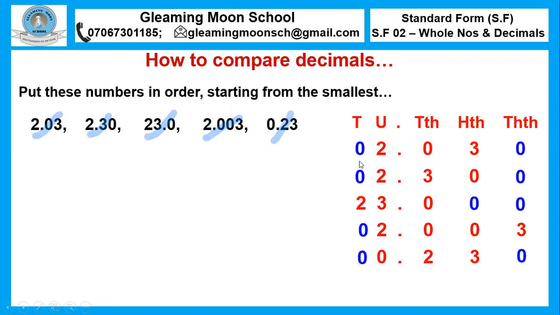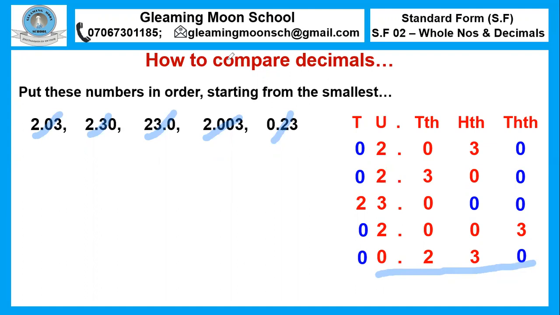So we finished with tens. No other number has any digit for tens. It's only this one. Now coming to units, we have 2 units, 2 units, and 2 units. This is 0 units. So that means this number here is less than 1. So if this number here is less than 1, there is no other number that is less than 1.